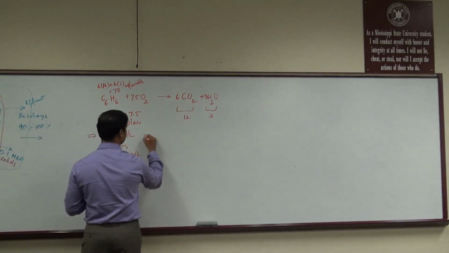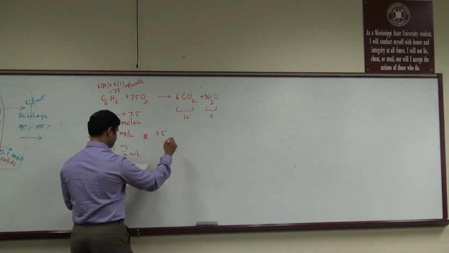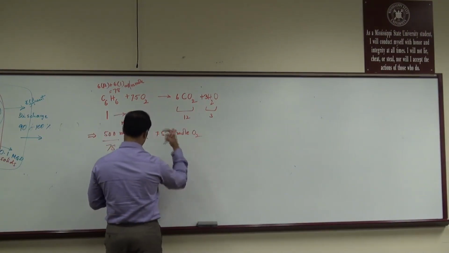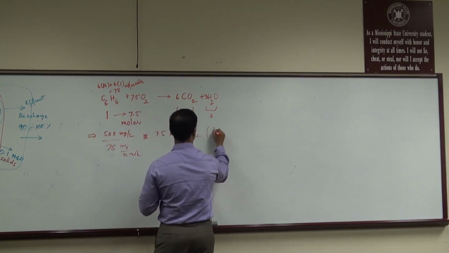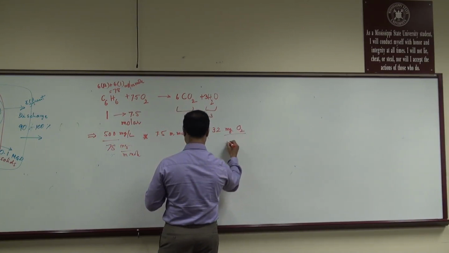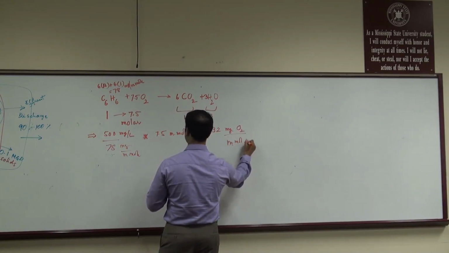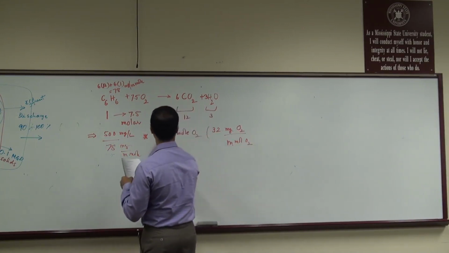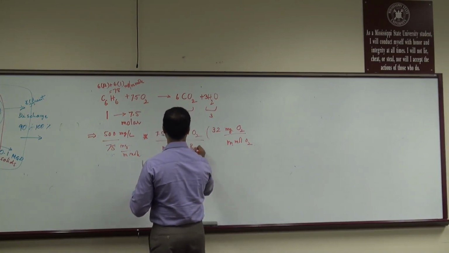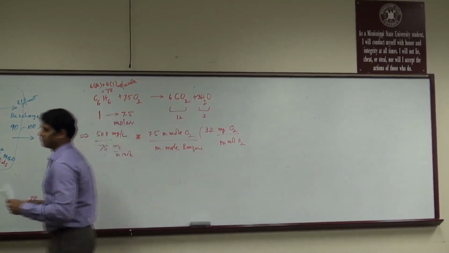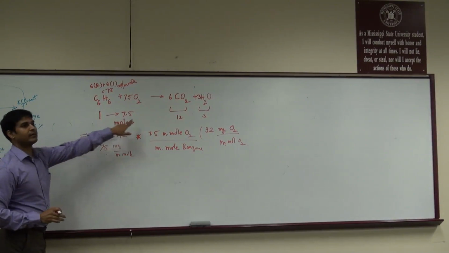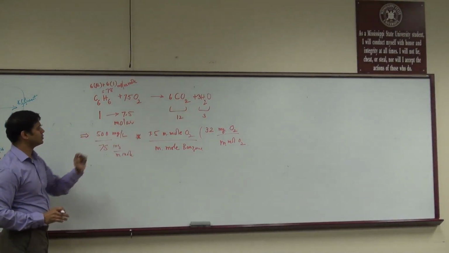I'm going to write the solution straight away to save some time. Then I'm going to put milligrams of O2 per millimole of O2, per millimole of benzene. So you have so many moles. 1 mole of benzene requires 7.5 moles of oxygen.